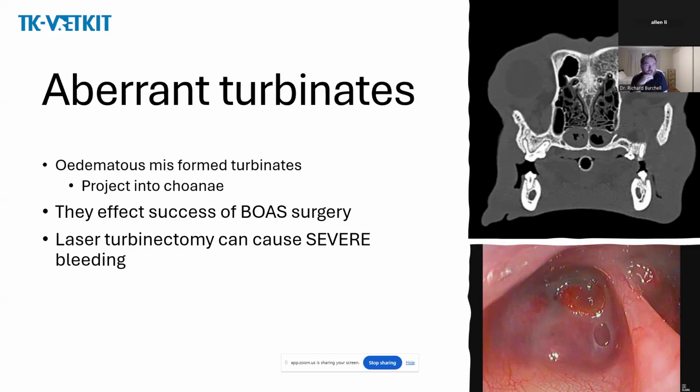And if you have a look at the bottom right of your image, you'll see within the nasopharynx, you've got that mucus-covered, dense, edematous tissue that has completely occluded the nasopharynx. And the only breathing hole that that dog has got to breathe through is a tiny little hole over here.